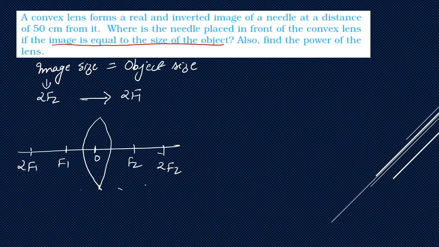Let this be my object AB. One ray parallel to the principal axis passing through focus, another ray passing through the optical center.